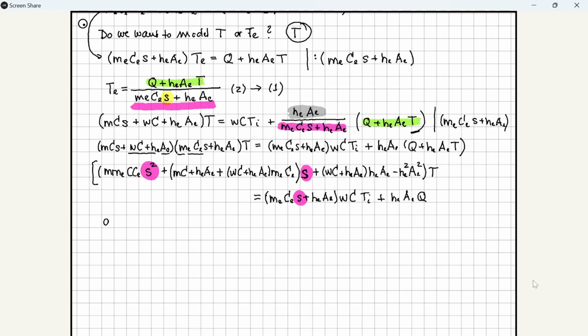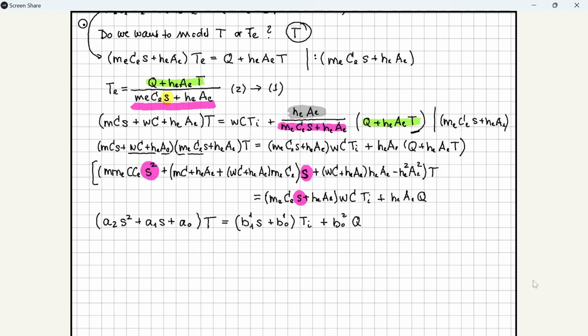We end up with the equation in the following format: A2 times S square plus A1 times S plus A0 times T is equal to B1 times S plus B0 times TI, plus, let's call this index 1 here, indicating it's for TI, plus B02 times Q.